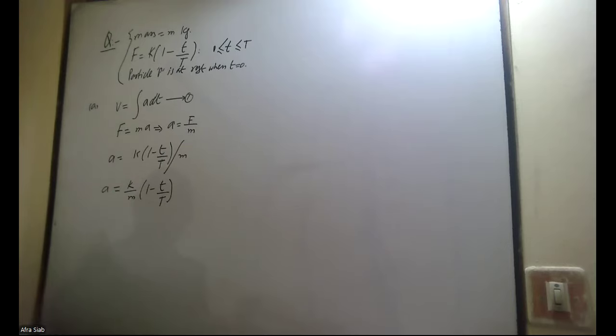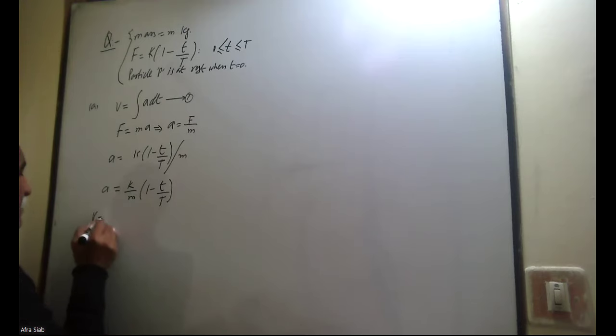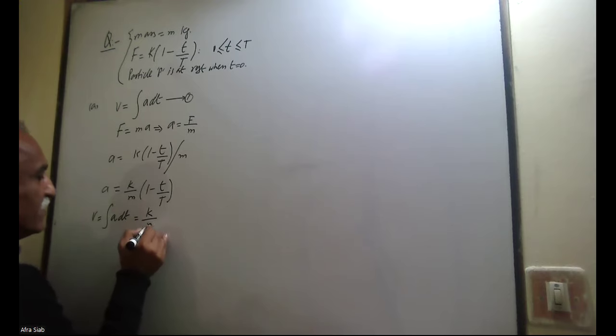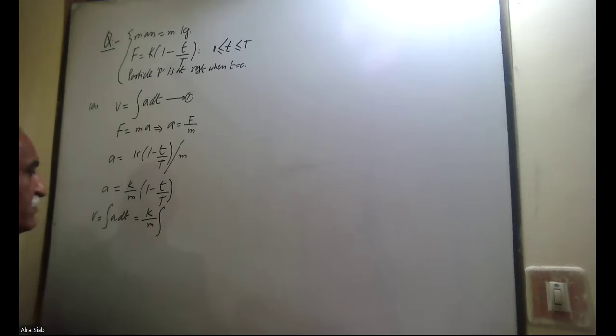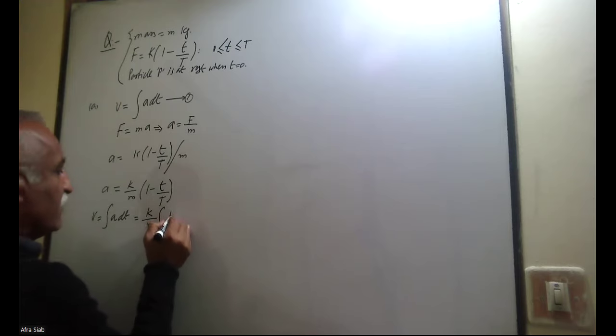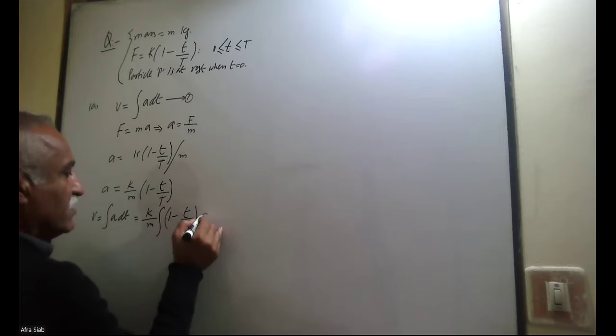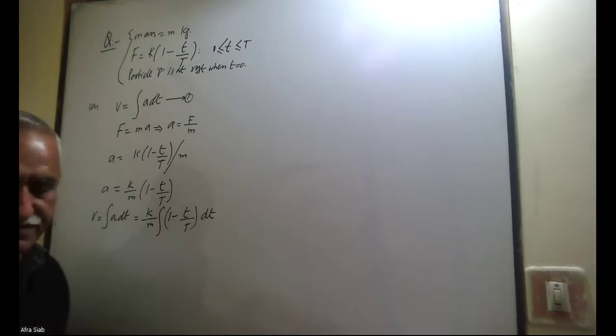And we are going to now integrate this for the velocity. So that is equal to the integral of k/m (1 - t/T) dt. k is a constant, m is a constant, which is taken outside.